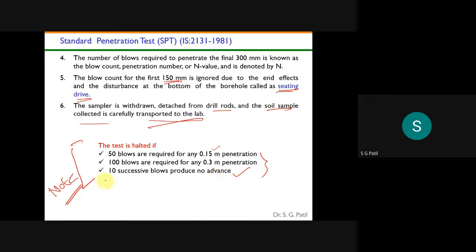So what will happen if 10 successive blows are not able to penetrate the sampler inside the ground? That means the resistance of the ground to the penetration is very high. If you proceed with more than 10 blows, you may damage your sampler.